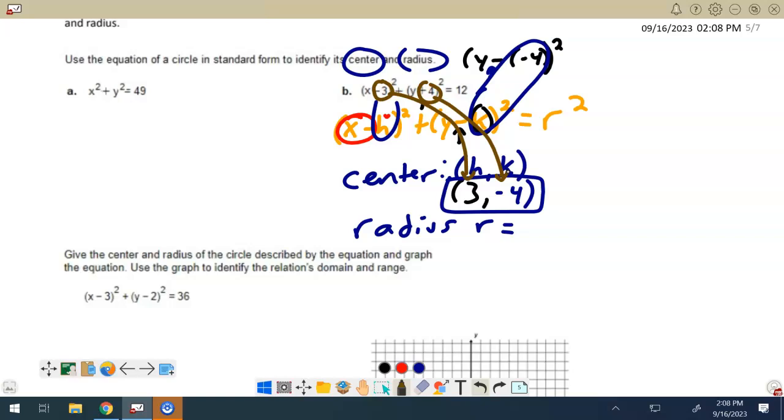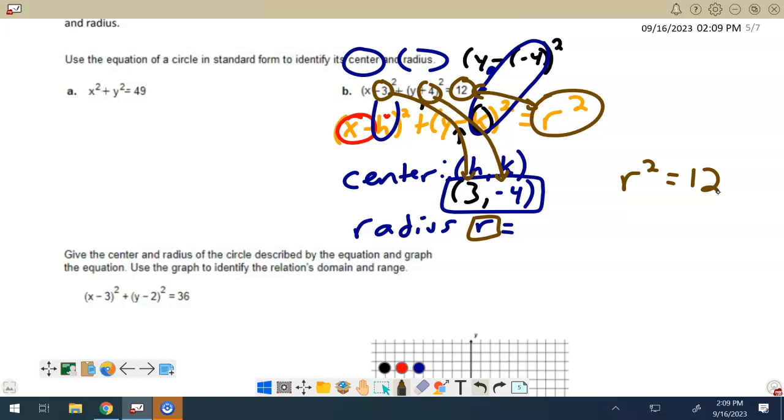All right, now that's the center. The radius is the number on the other side of the equation, but that number is the square of the radius. Notice how our formula lines up: 12 matches up to r squared. We want to know what just r is equal to. So r squared lines up with 12, so those are equivalent: r squared is 12.